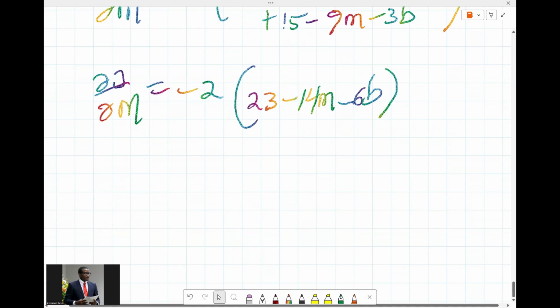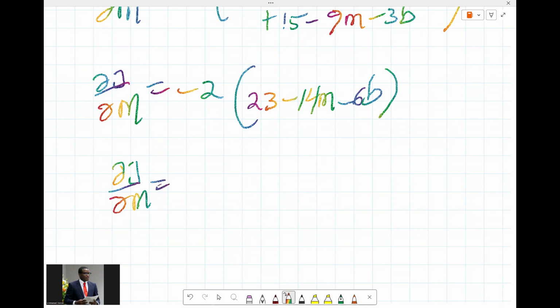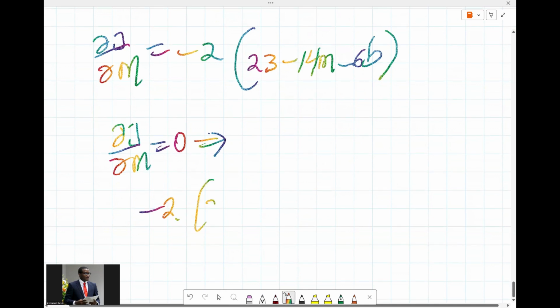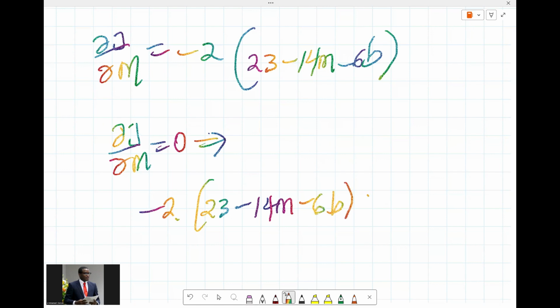okay, this is what we have here. We can equate to 0, right? So partial j, partial m equals 0 implies that we now have minus 2 into 23 minus 14m minus 6b equals 0.